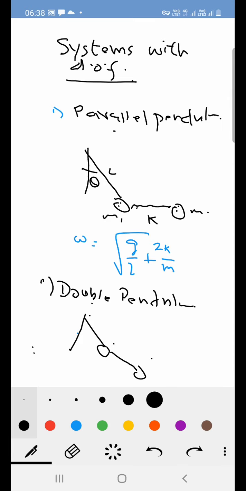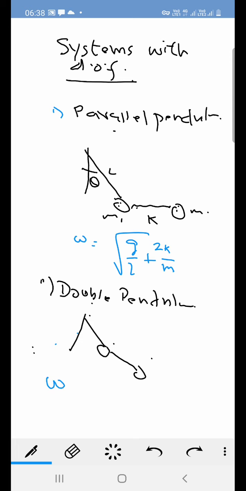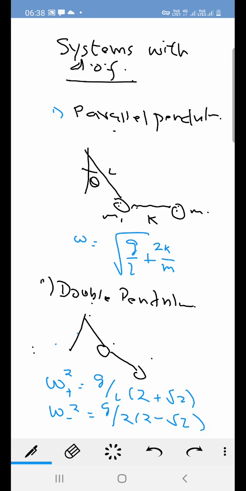So here omega square would be G by L times 2 plus root 2, or we call it omega plus square. There is another frequency, omega minus square, G by L times 2 minus root 2. These are the two normal modes of frequency. This goes for the double pendulum.